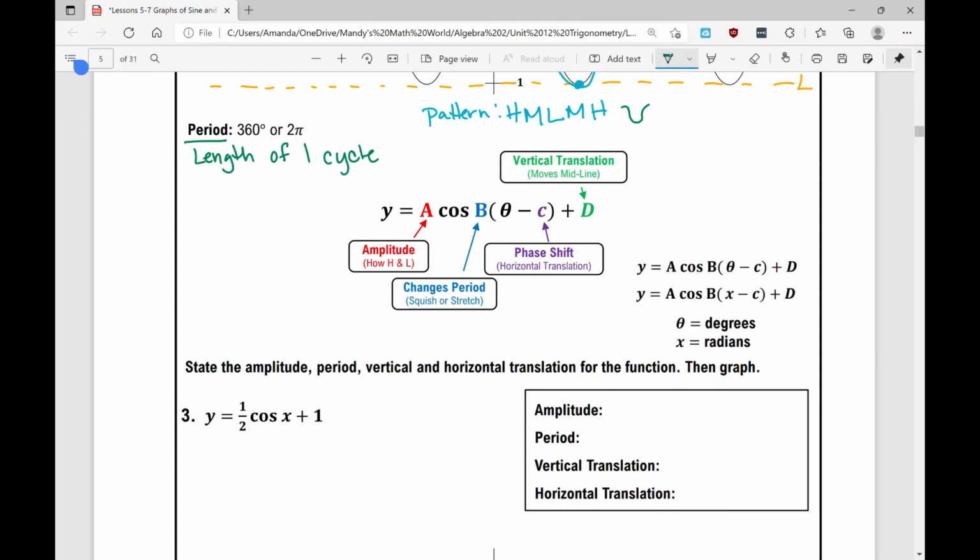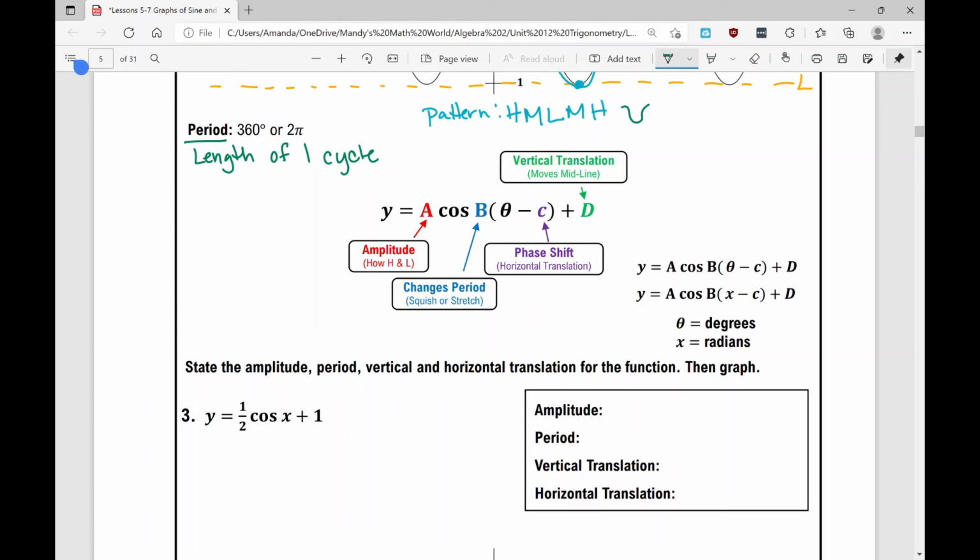We can have a horizontal translation inside the parentheses, which we don't have today. We also call that a phase shift. And then we can have a value out to the right of all of that, which will show a vertical translation, or a constant that's been added or subtracted to our function. And that will move our entire function up or down altogether.